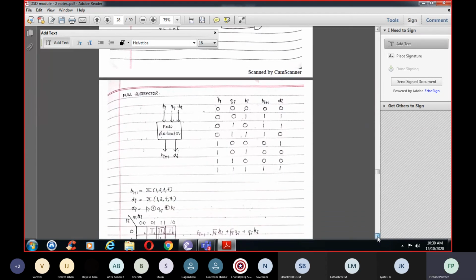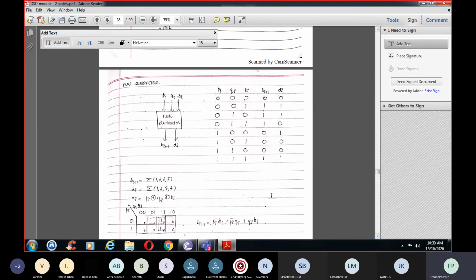Next, coming to full subtractor. So full subtractor, again you'll be having 3 bits. So 3 inputs and 2 outputs, that is difference and borrow.